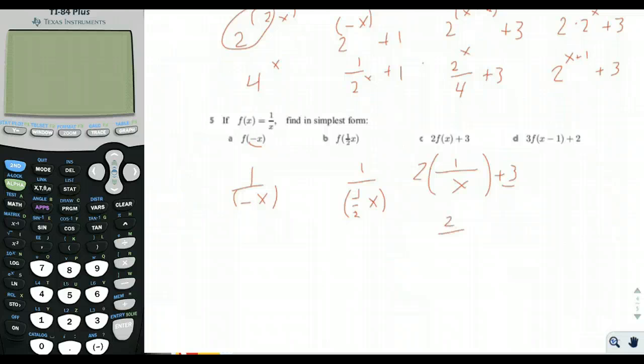So you could rewrite that as 2 over x plus 3. This would be, you put the x minus 1 into the function, and then you multiply it times 3, and then you add 2. So you could rewrite this as 3 over x minus 1 plus 2. And I think that's it.